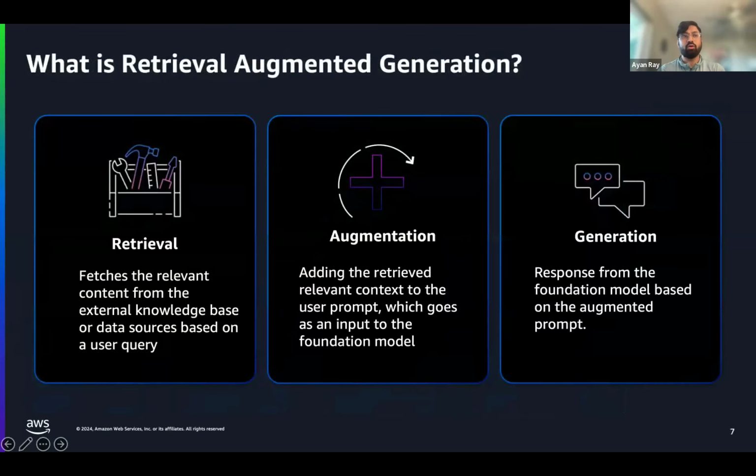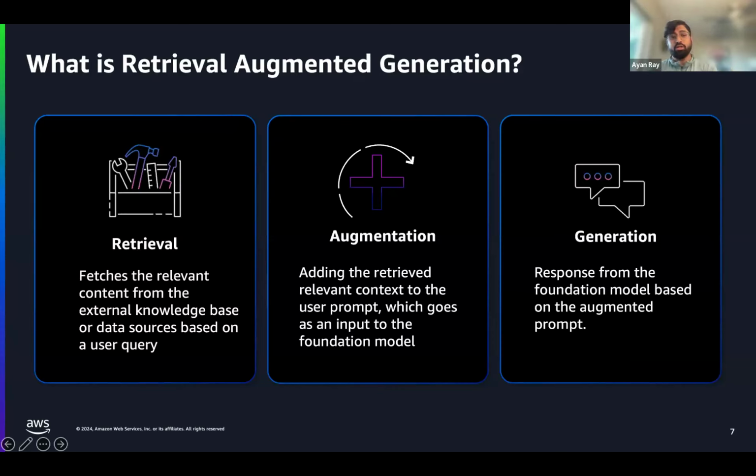So I'll quickly touch upon what is RAG. It consists of three parts: retrieval, augmentation, and generation. Retrieval is the component which fetches the relevant content from the external knowledge base. It can be the corpus of the enterprise data. And that is done usually on the basis of semantic similarity algorithms based on the user query.